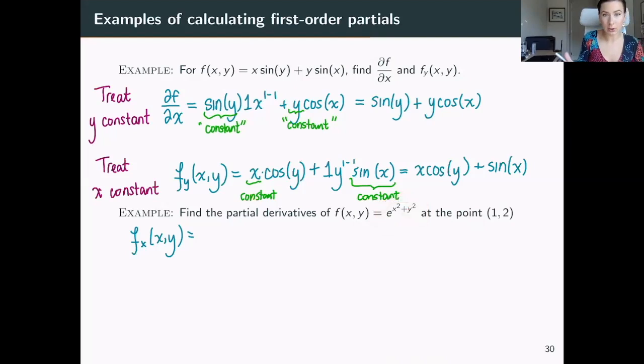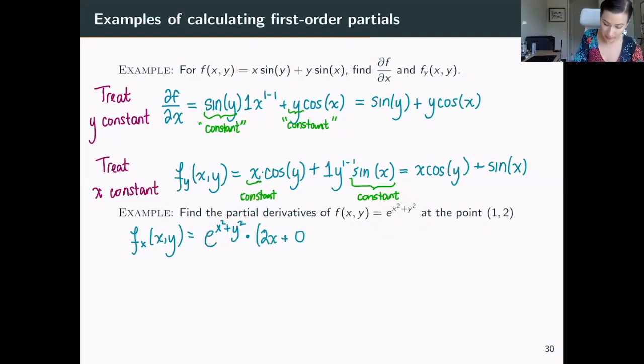So I would take the derivative of e to the x squared plus y squared, have to use the chain rule here, times the derivative of the inside. So here, my 2x is a function of x, so the derivative will be 2x, plus 0, because y squared is technically a constant.